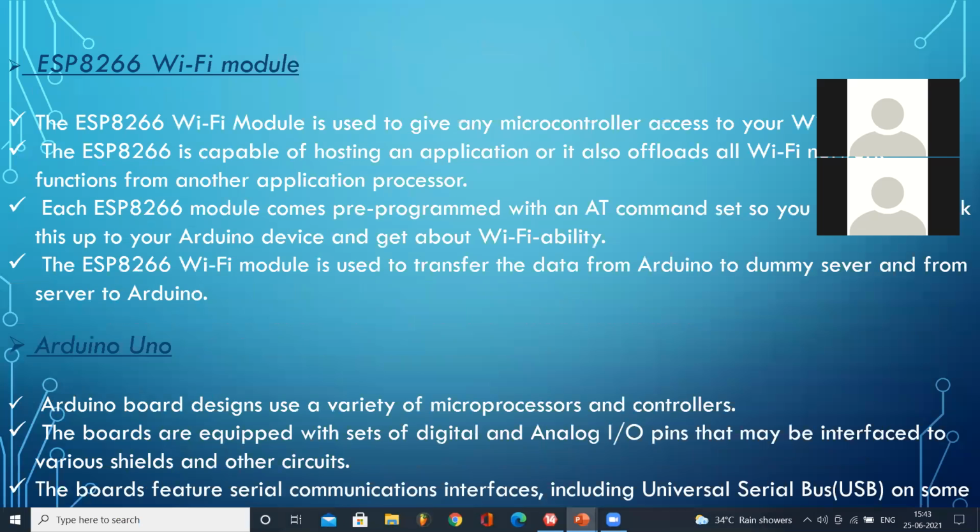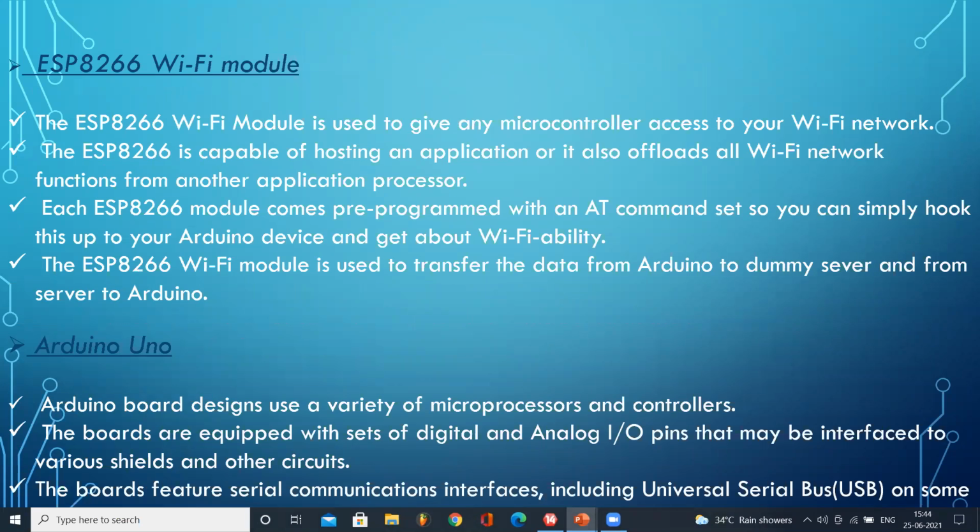The ESP8266 Wi-Fi module is used to give any microcontroller access to your Wi-Fi network. It is capable of hosting an application, or offloading all Wi-Fi networking functions from another application processor.